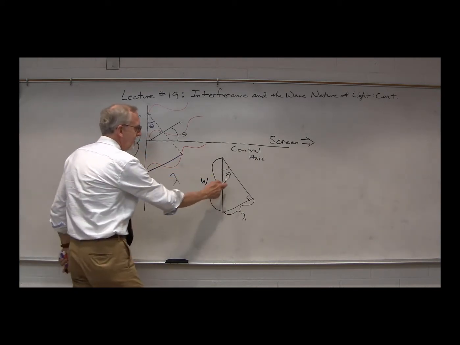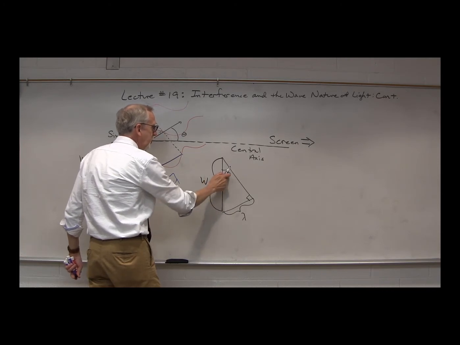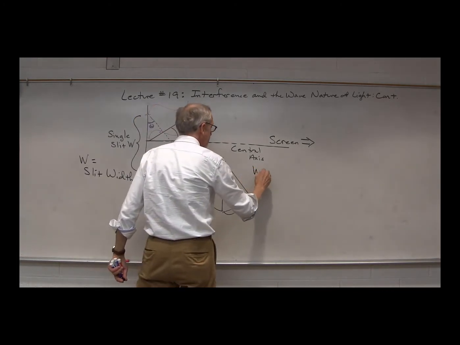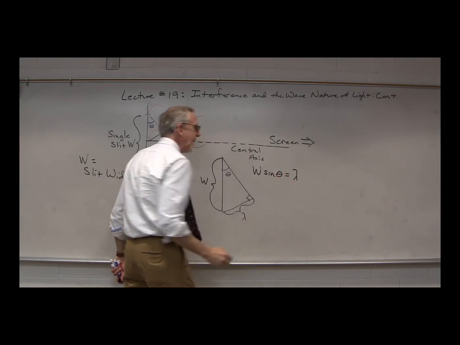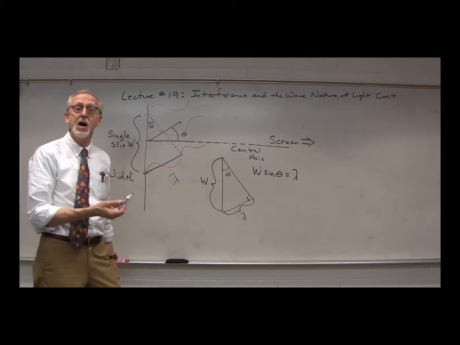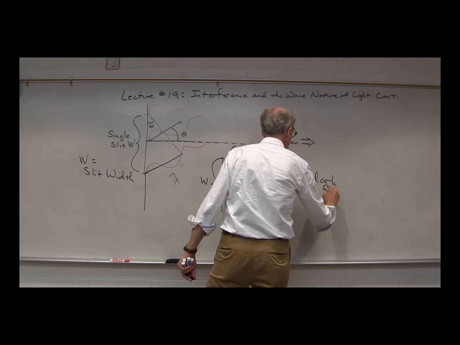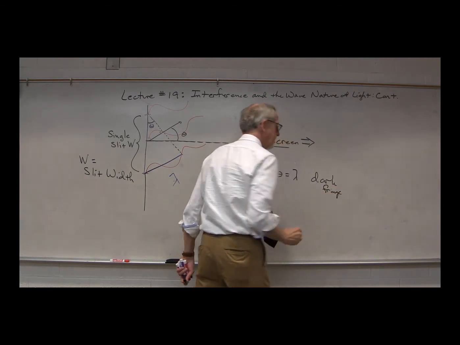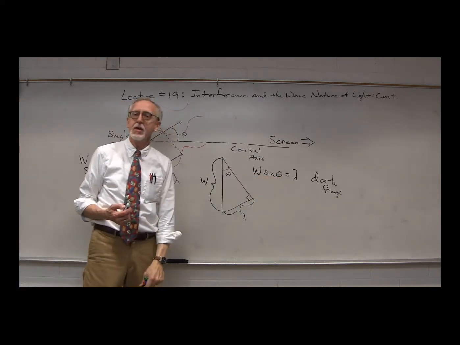We want the opposite side over here, which is W sine theta. When that is equal to lambda, what do we find? We find a dark fringe. Very, very good. So we find a dark fringe when W sine theta equals lambda.